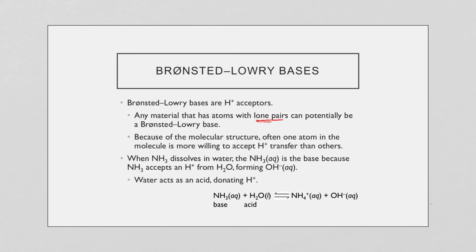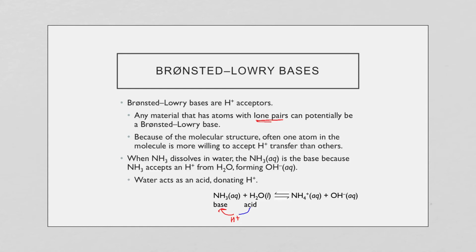So if we look at a simple base, like ammonia, again, one of those bases that was not included under the Arrhenius definition, if we put it into water, the ammonia is a base, and so it is going to accept an H+. Now, what's it going to accept it from? Well, in this case, it's going to accept it from water.